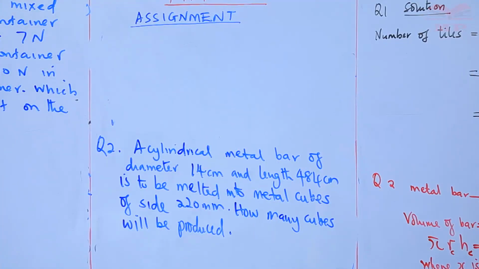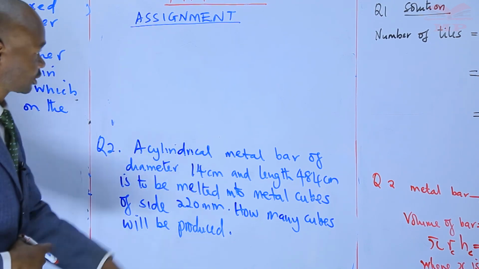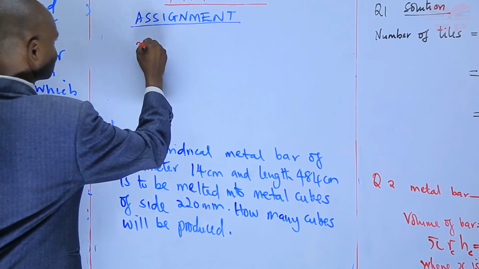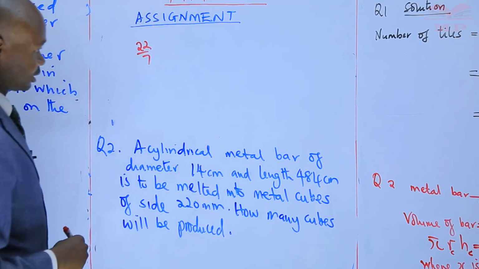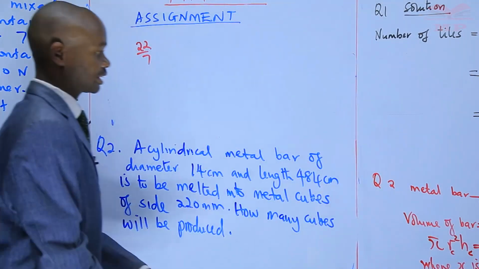So we move on. In number 2, the diameter was 14, so the radius would be 7. So we'll say 22 over 7 times the radius squared. This was supposed to be the base area, r squared.